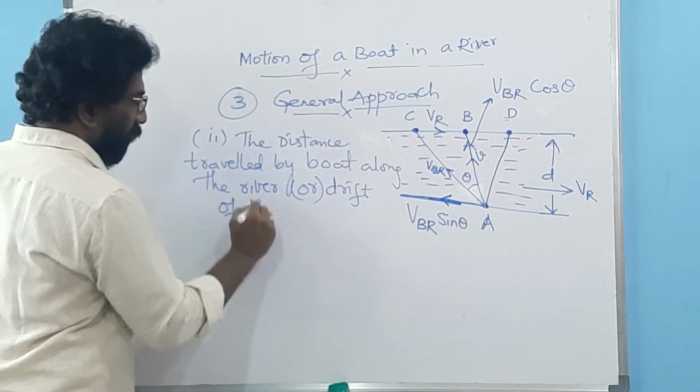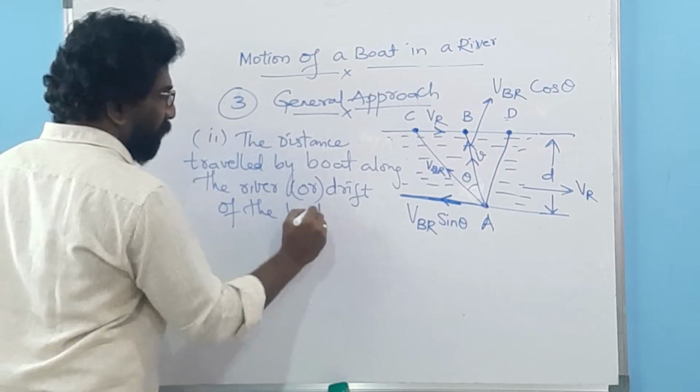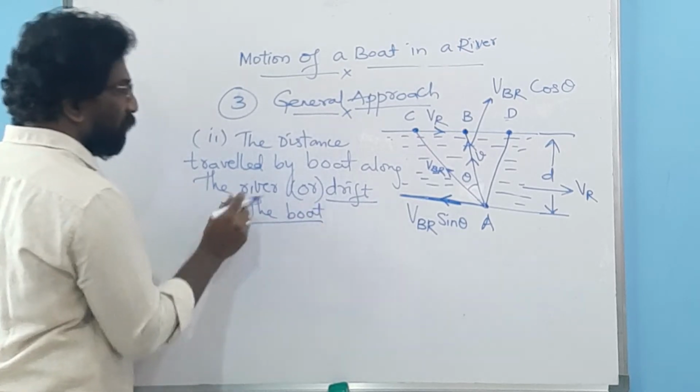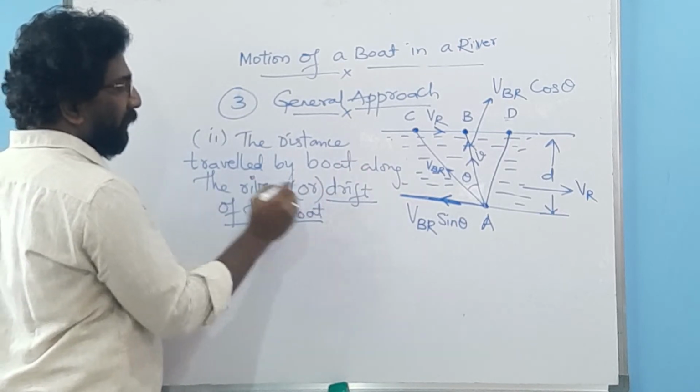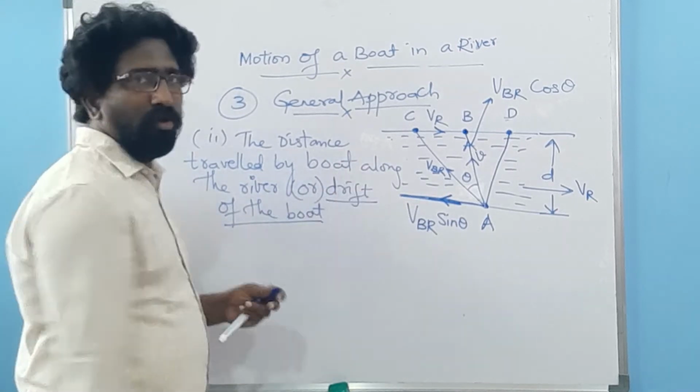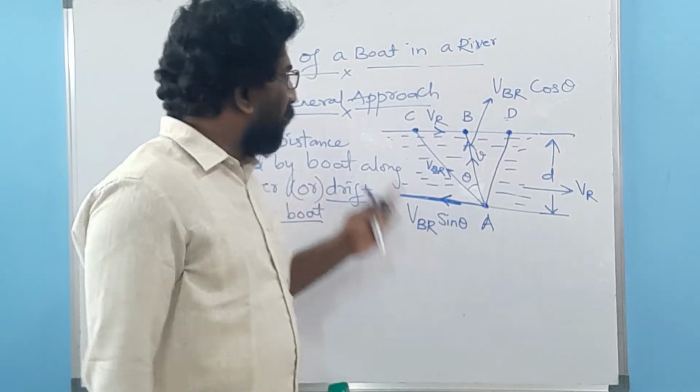Sometimes in your numericals they will ask what is the distance traveled by the boat along the river, or else sometimes they might even ask for the drift of the boat. So you should be very familiar with these particular terms.